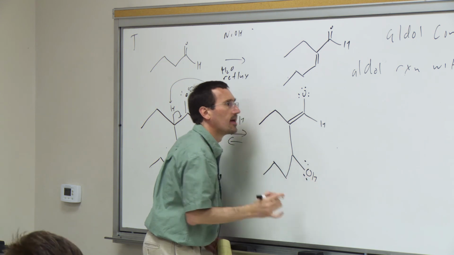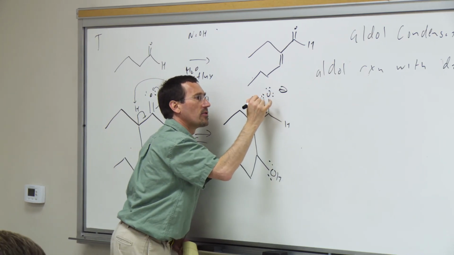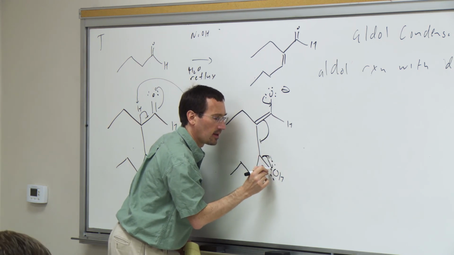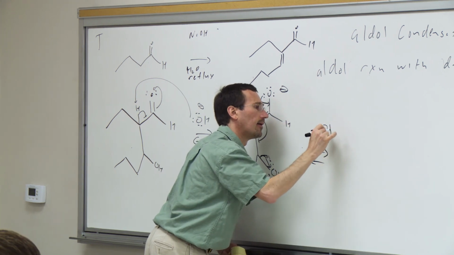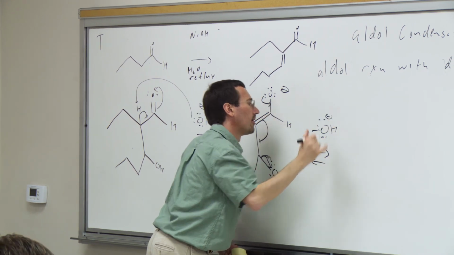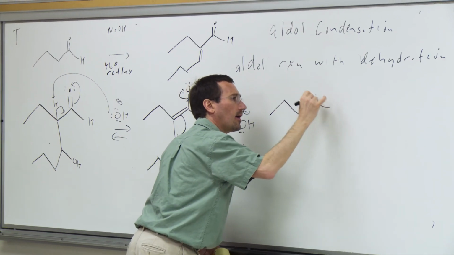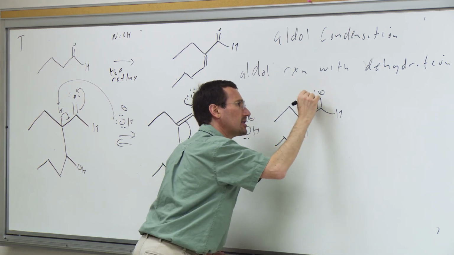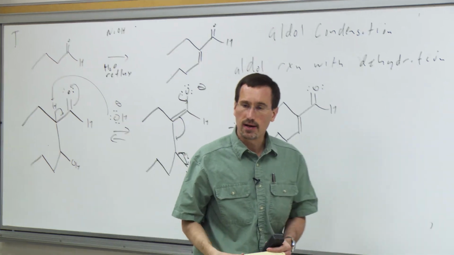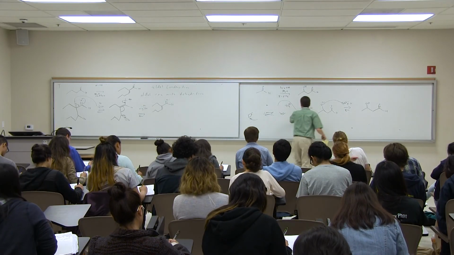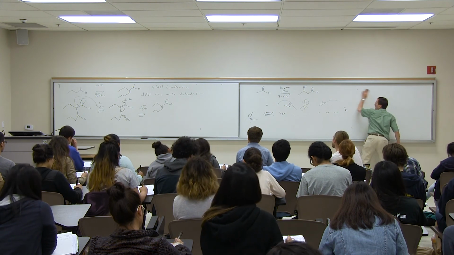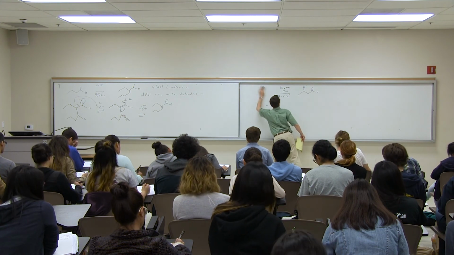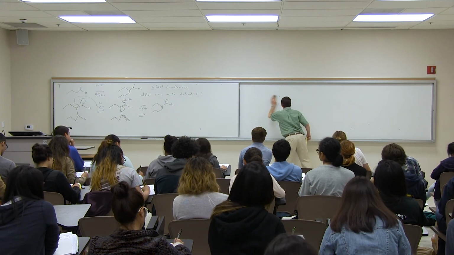And now that enolate can undergo elimination to kick out hydroxide, and take us to the alpha-beta unsaturated carbonyl compound. And again, all of this is stuff that you've seen in sophomore organic chemistry and should only be by way of review. And plus, this is a good excuse for us to write mechanisms.